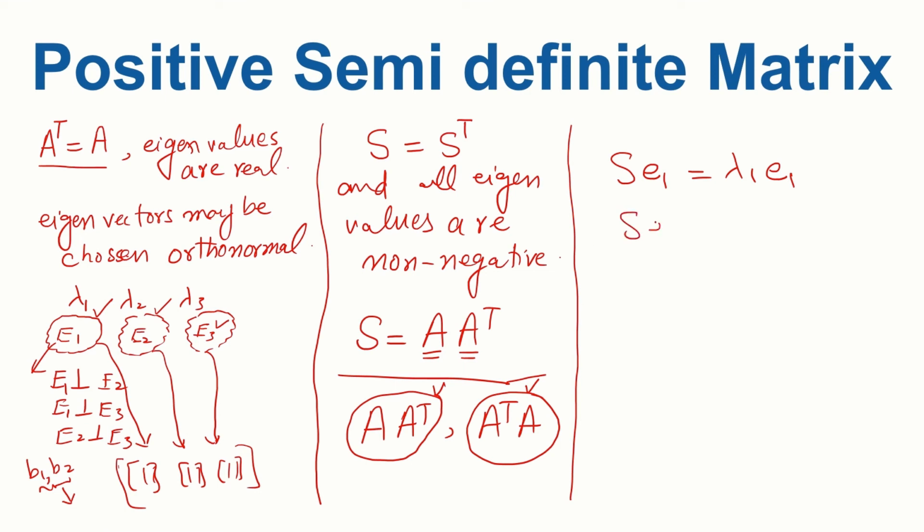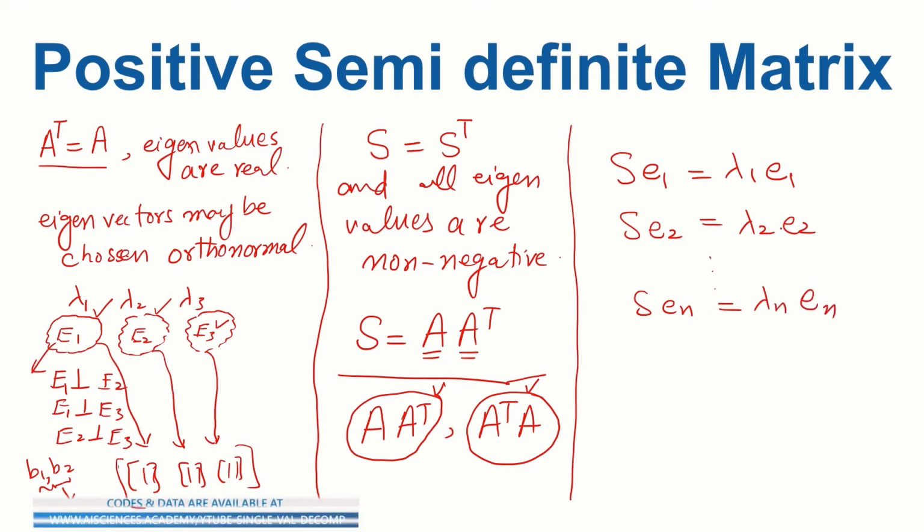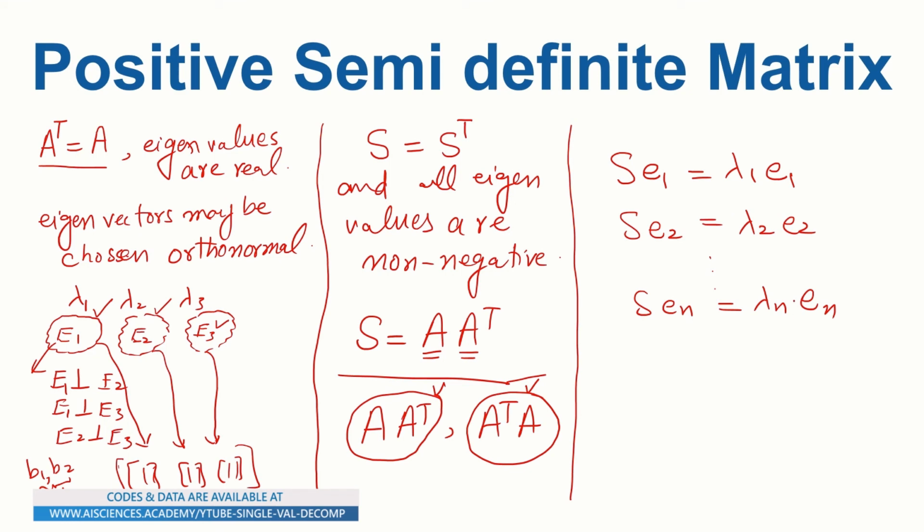Think about another eigenvector, E2, with lambda 2, E2. And let's say this S is n by n. So we have n eigenvectors corresponding to their eigenvalues. All these eigenvalues need not be distinct, but they need to be non-negative.